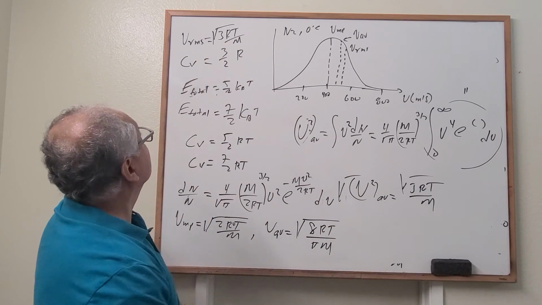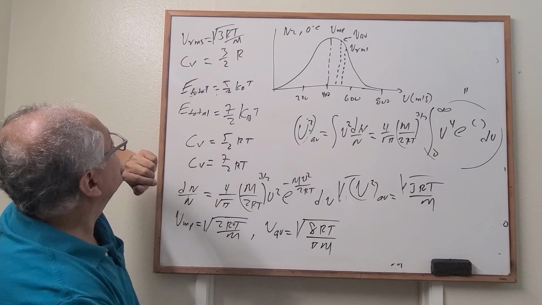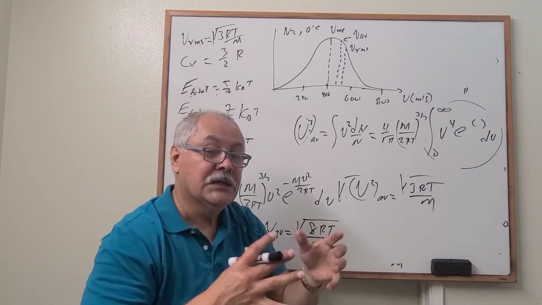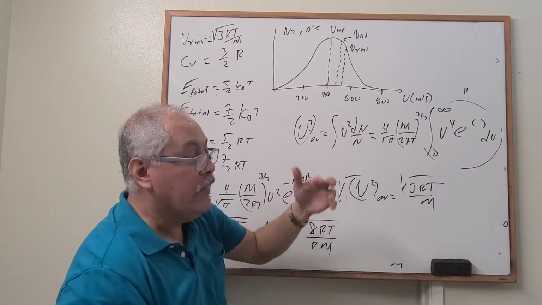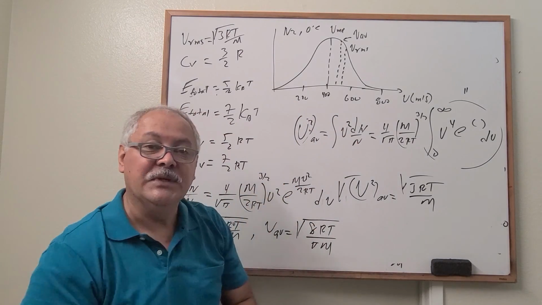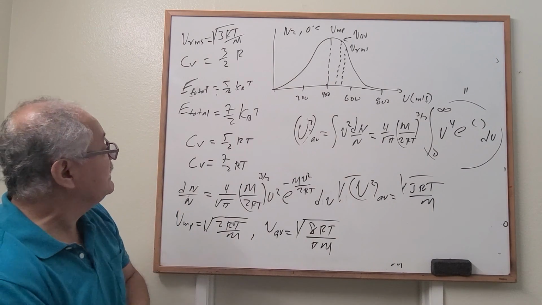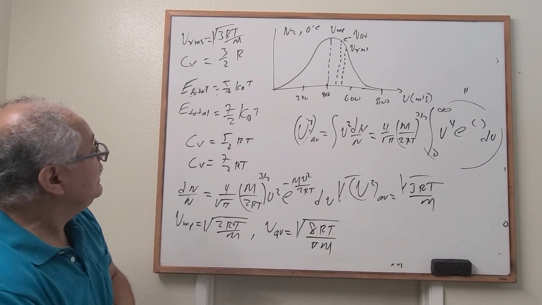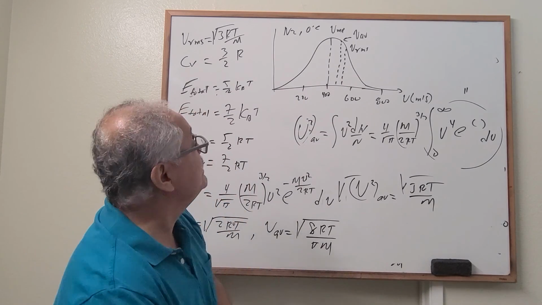The same answer as for the analysis with translational energy, when we use the Boltzmann distribution of molecular speeds. Got it? Perfect. Great. And with this, we finish chapter 18.